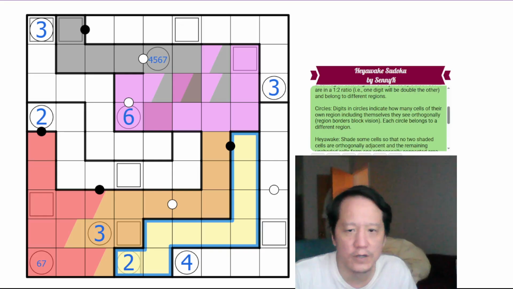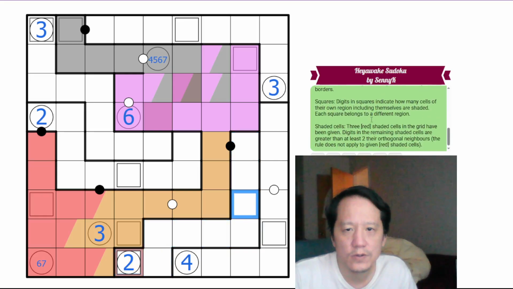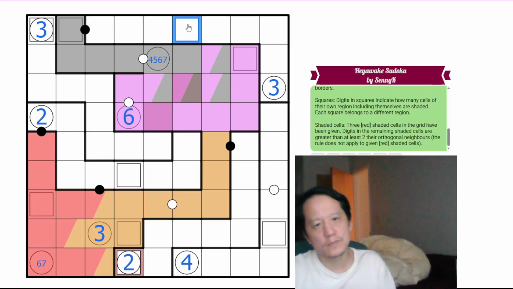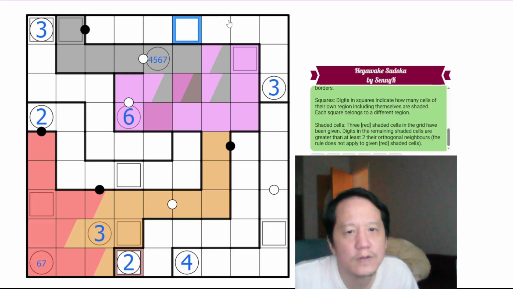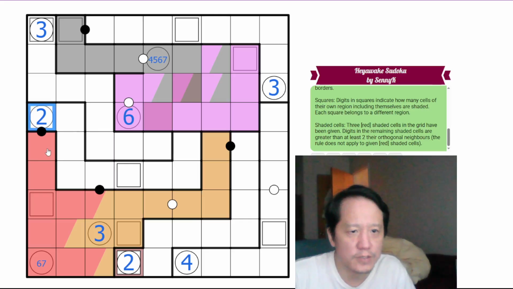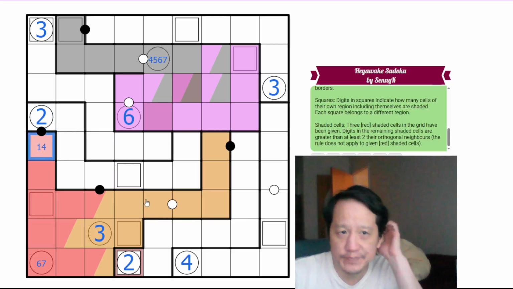We got the yellow. This is boundary here. 2 is in a 1-to-2 ratio with 1 or 4.